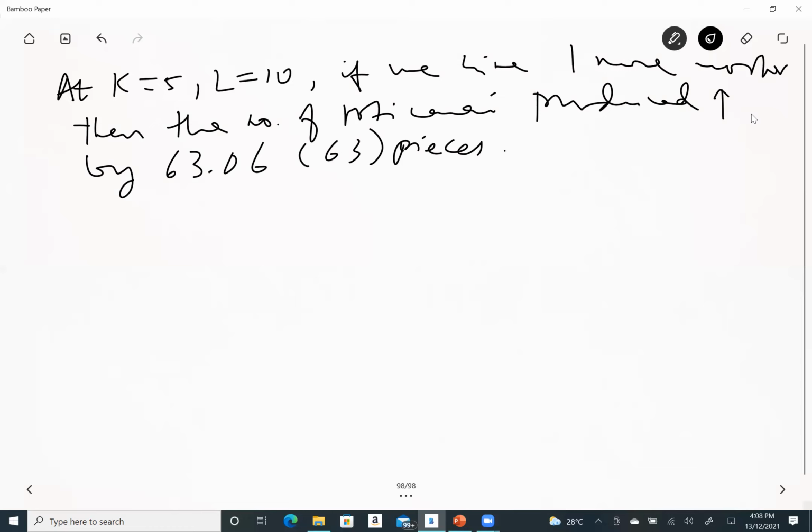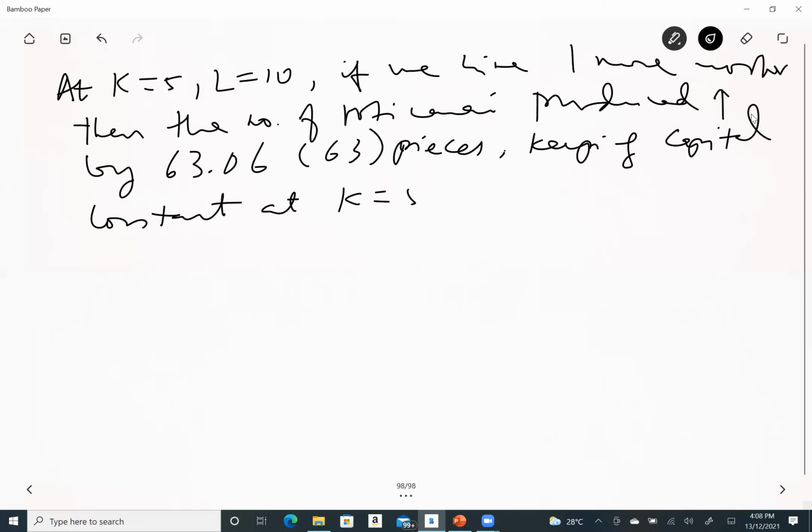Not finished yet, a little more. Keeping what? Keeping capital constant. Okay, keeping capital constant. At K equal to 5, you don't have to say it, it's okay, because you know the point.